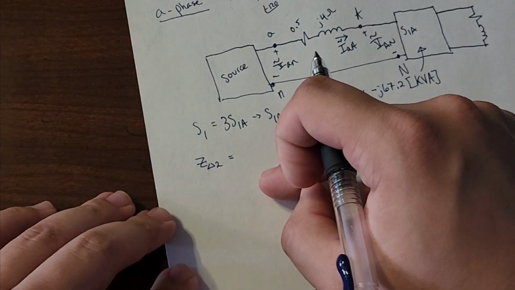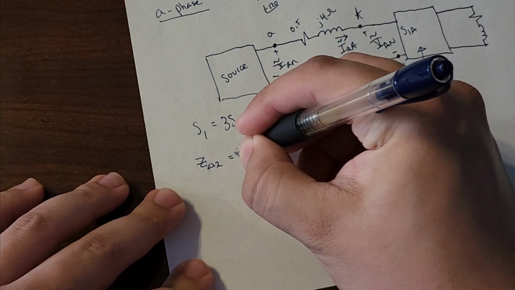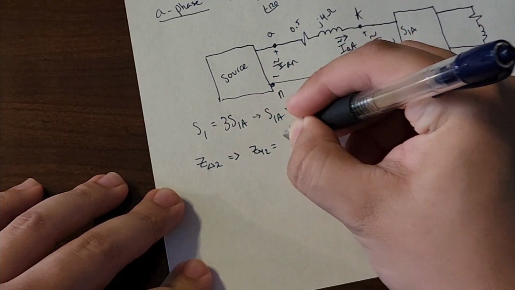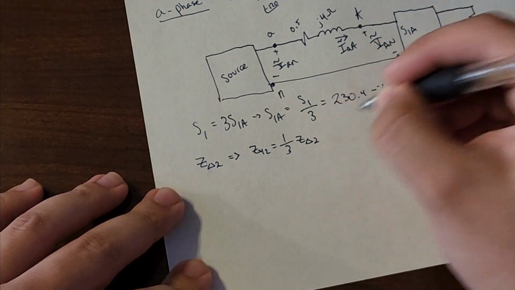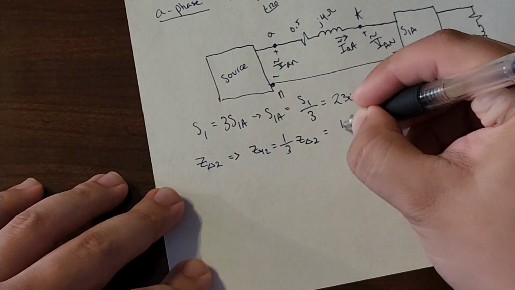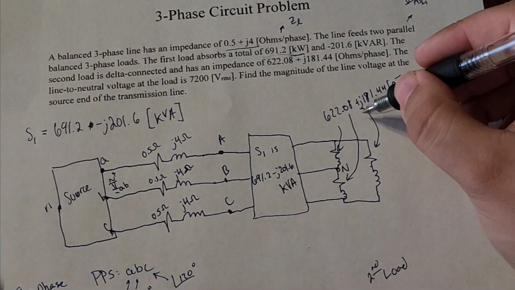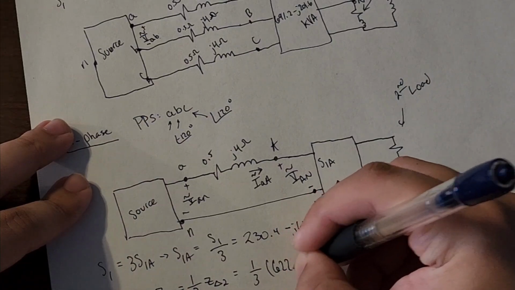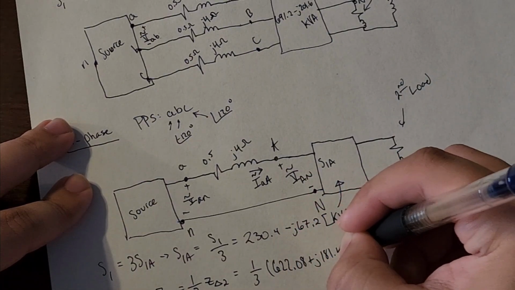Well, when we want to go from delta to Y, we do Zy of 2 is equal to 1/3 Z delta 2, which is going to be equal to 1/3 times our delta load impedance, which is 622.08 plus j181.44.